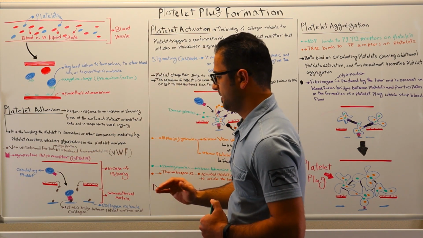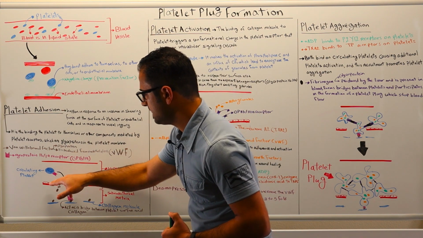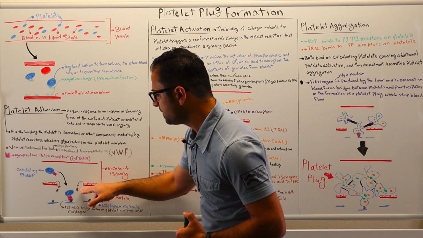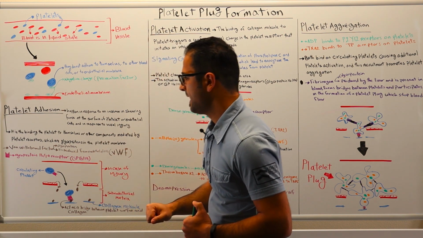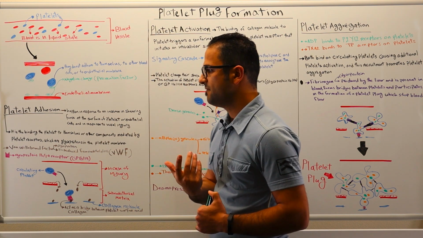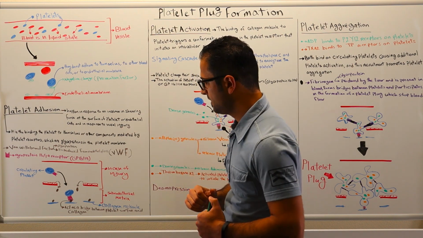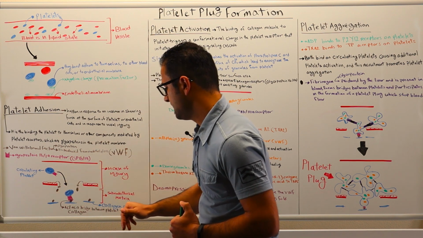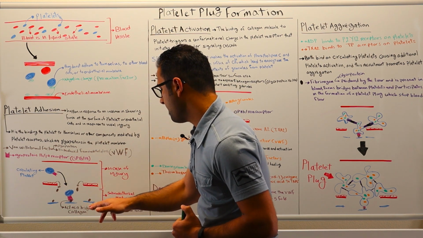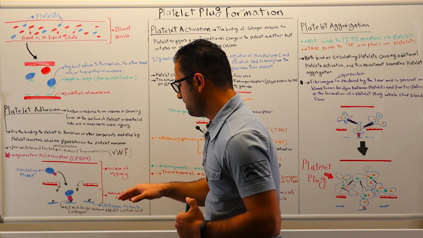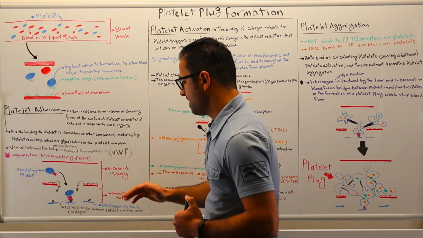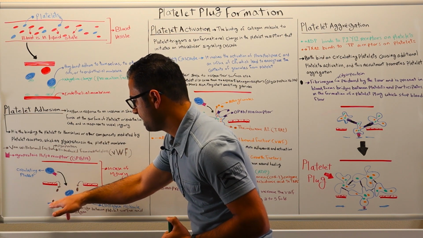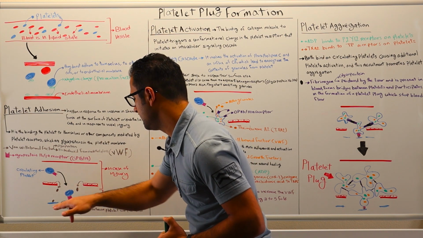So what happens is that the endothelial cells in the endothelial membrane start producing a glycoprotein, and this glycoprotein is called Von Willebrand factor. Once this glycoprotein is produced, it binds to a molecule in the subendothelial matrix called collagen. So once it gets to this site, it binds to the collagen.